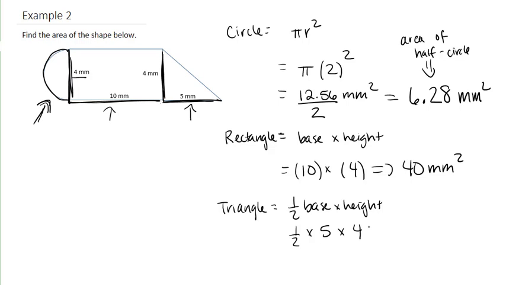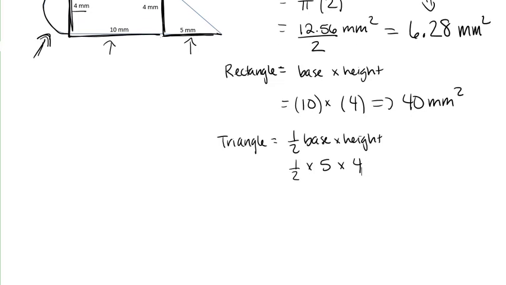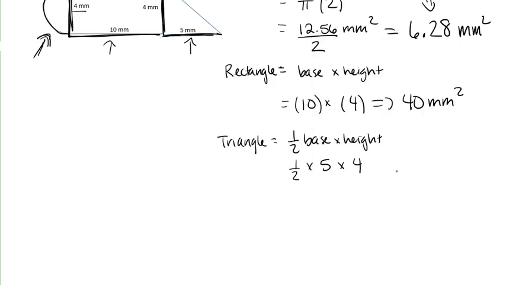So we can go ahead and get our calculators out. So we have 4 times 5, which is 20, divided by 2, so we're left with 10 millimeters squared.